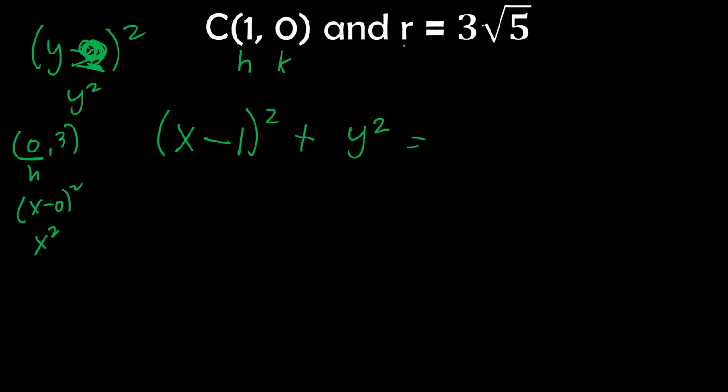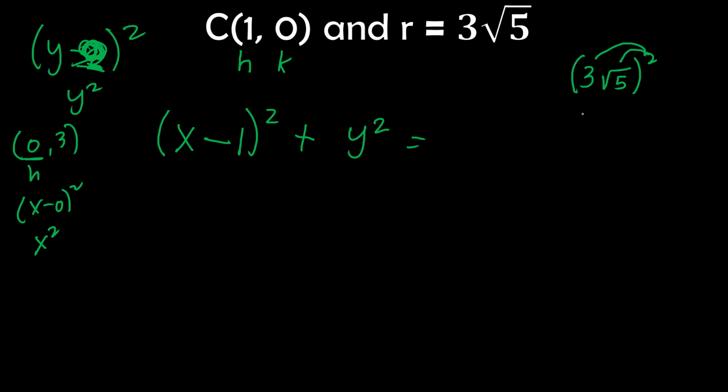And since ang r natin is 3 square root of 5, that means we need to get the value ng 3 square root of 5 squared. And when we have 3 square root of 5 squared, ano po yung gagawin natin dyan? We need to distribute yung exponent na 2 sa bawat isa sa loob ng parentheses.